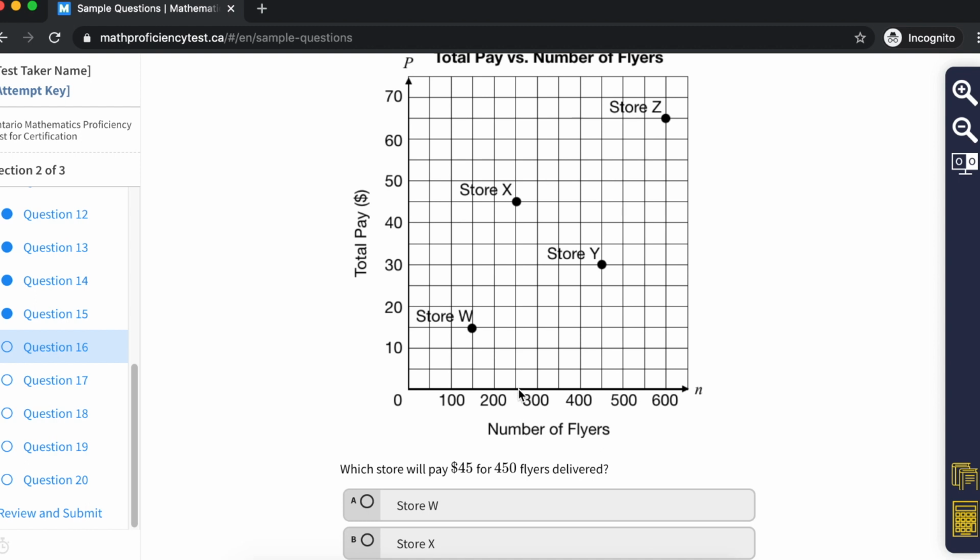So that's not going to be the answer we're looking for because we're looking for 450 flyers delivered. Similarly, store Y, the data point shows for 450 flyers delivered, which is what we're looking for, but their total pay is only $30. So that's not the answer we're looking for either. So we really only need to compare store W and store Z.